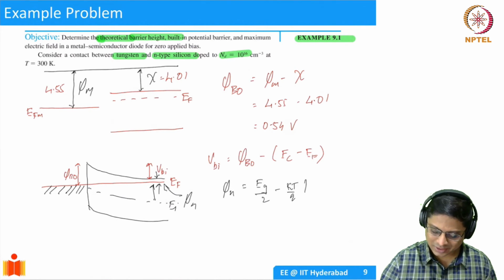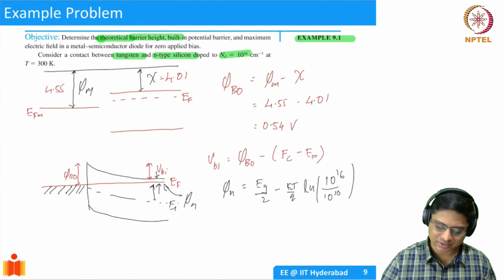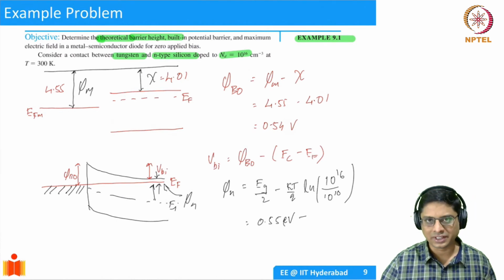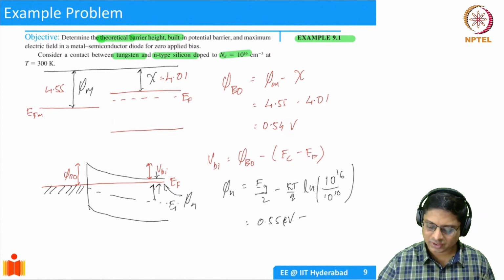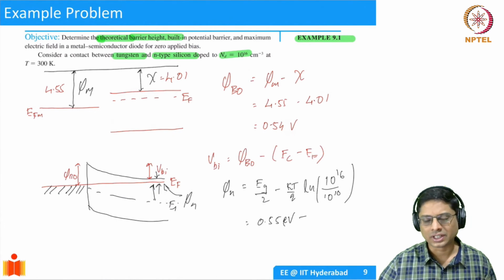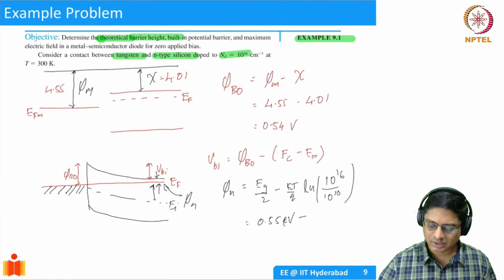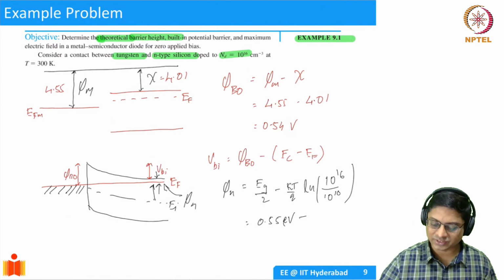So this is 0.55 eV, because silicon band gap is 1.1 eV, so 0.55 minus 6 times 26 millivolts. Okay, 25 if I take it as 25 times 6, 150. No wait, 60 is not 25, it's 60, right? 60 times 6 is 360, 0.36 eV.